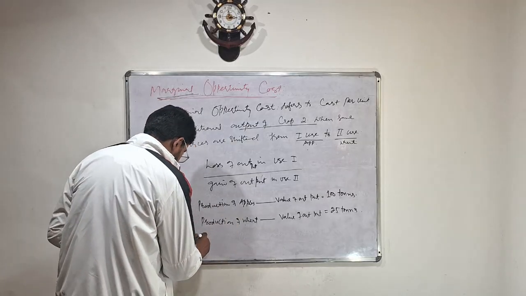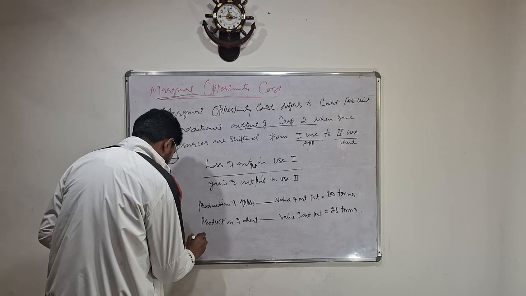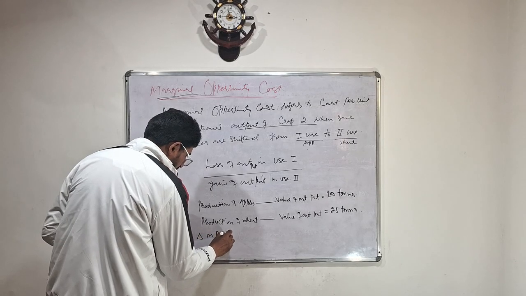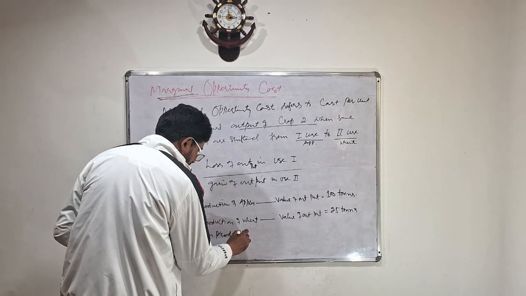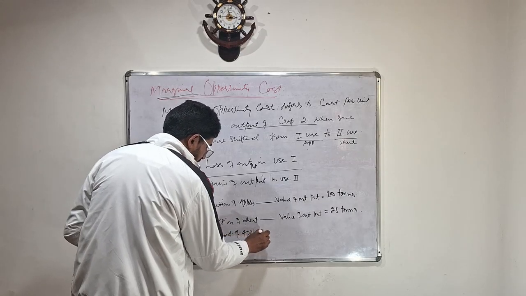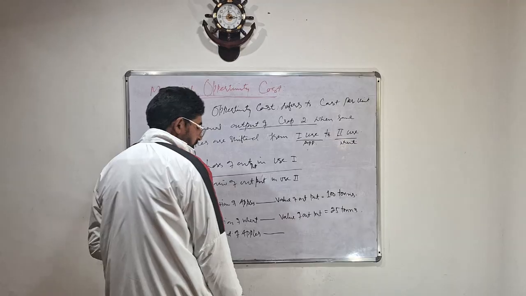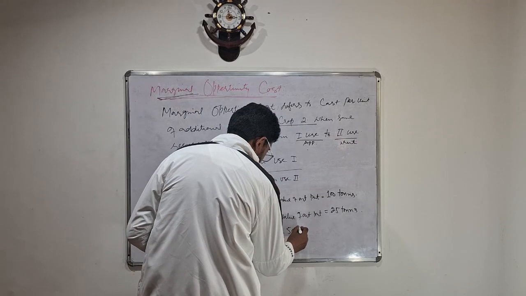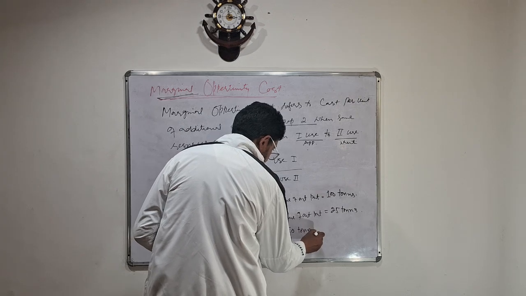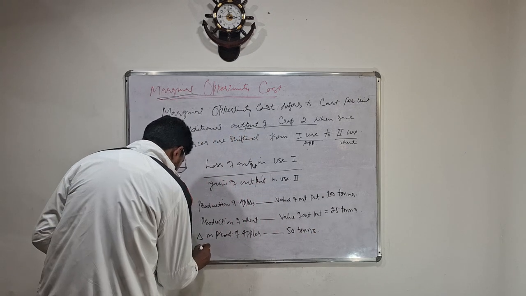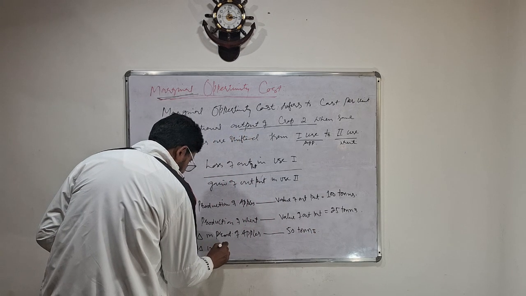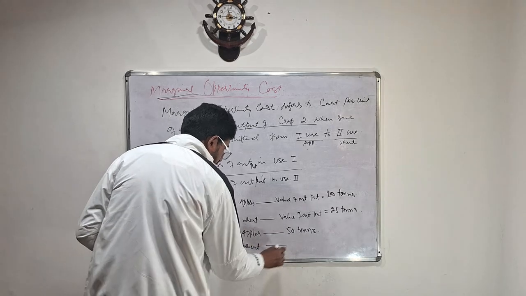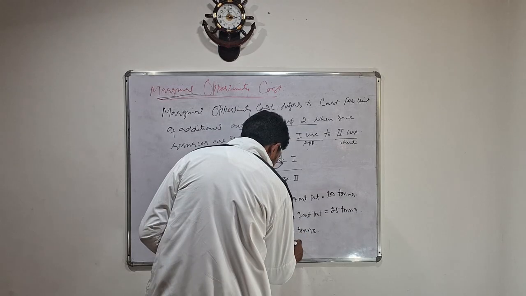For example, now the change in production of apples: we decline it to 50 tons. Similarly, change in production of wheat is 25 to 50 tons.